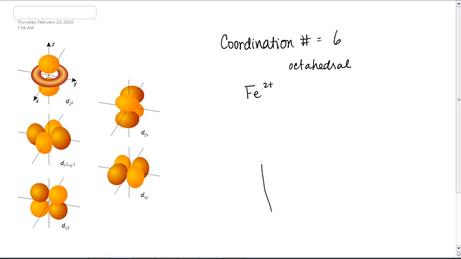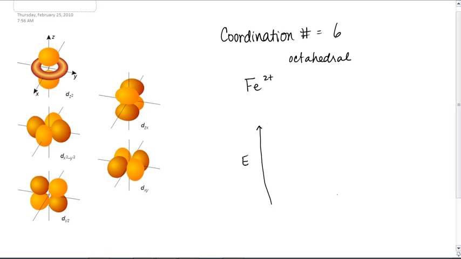And if we were to think about the orbital diagram for iron 2+, and of course iron 2+ ends at 4s2, 3p6. So we've got all those. I'm just going to start with the 3s. So we have our 3s electrons, and I'm going to write these in order of increasing energy. Then we have our 3p electrons.